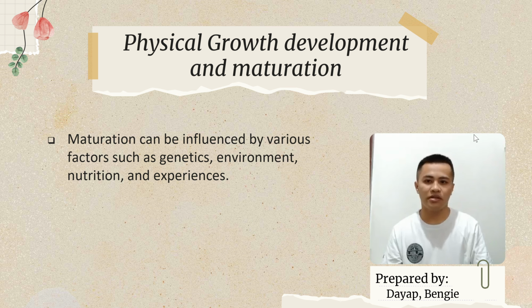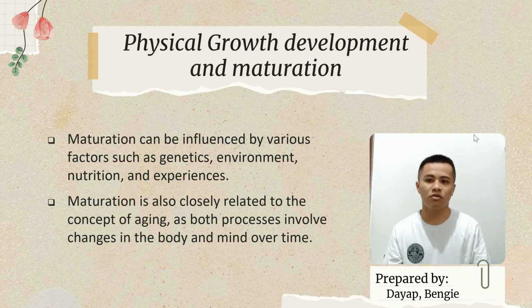Maturation can be influenced by various factors such as genetics, environment, nutrition, and experiences. For example, malnutrition, illness, or exposure to toxins during critical periods of development may disrupt or delay the maturation process, resulting in developmental delays or other adverse outcomes.